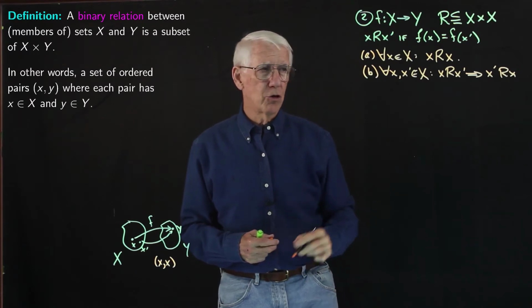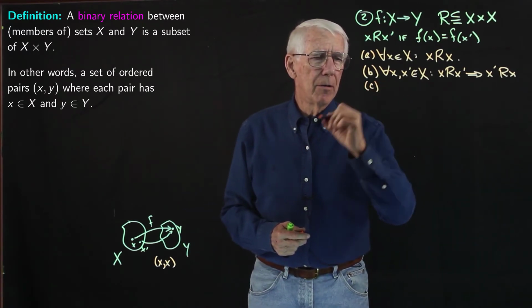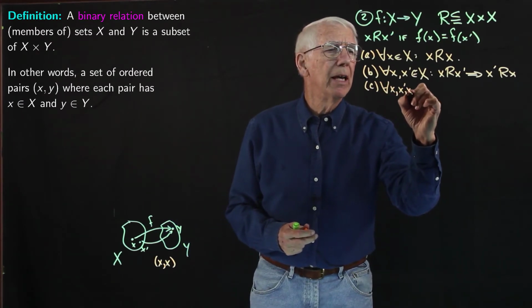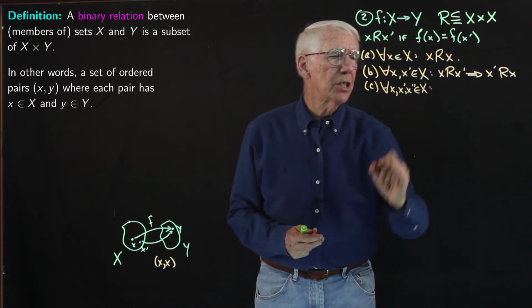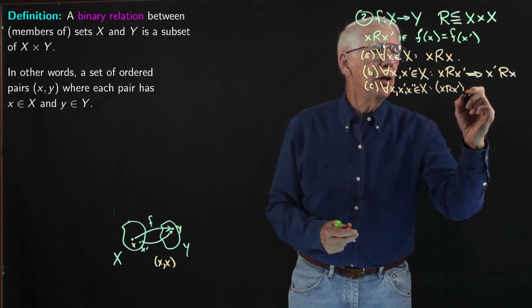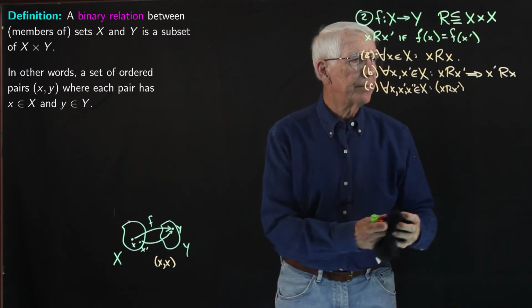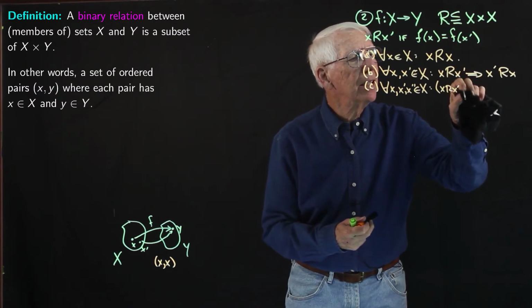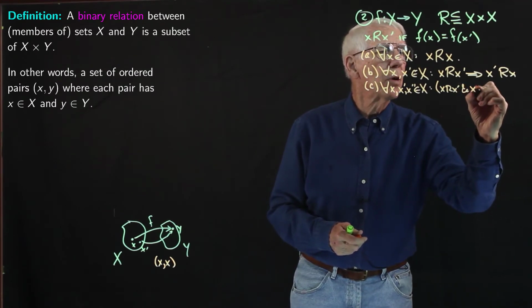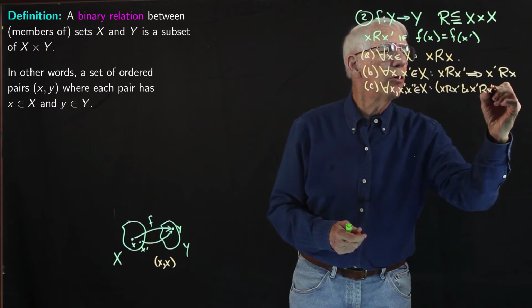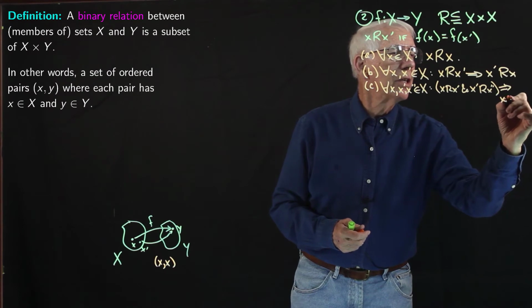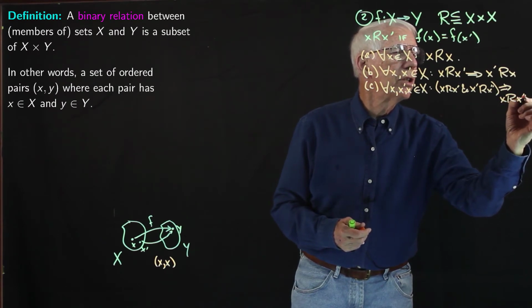So that's straightforward. And a third property that this relation has is that for every X, X prime, and X double prime in X, if X is related to X prime and X prime is related to X double prime, then X is related to X double prime.